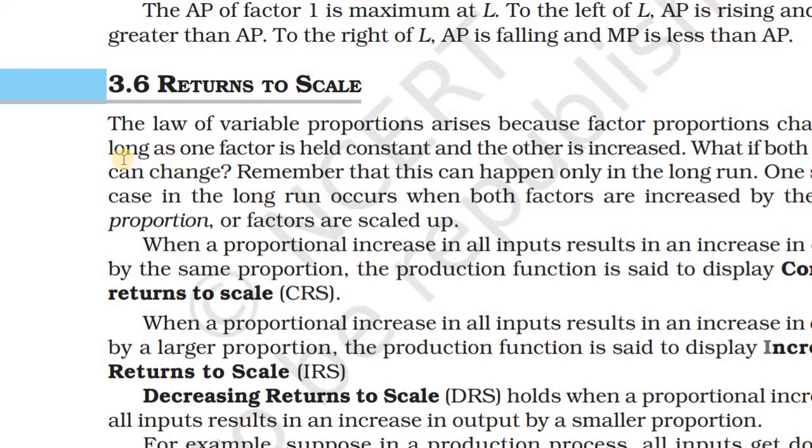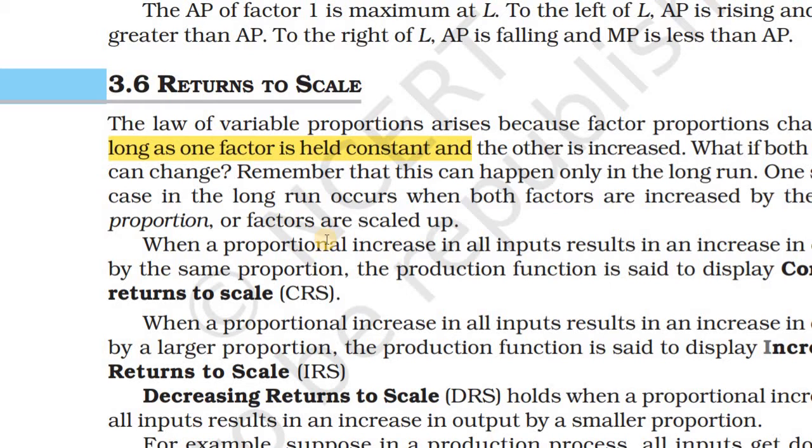Here, we changed labor. We were increasing labor and keeping capital constant. In variable proportion we change one factor of production, but in this case we plan to change all the factors of production.